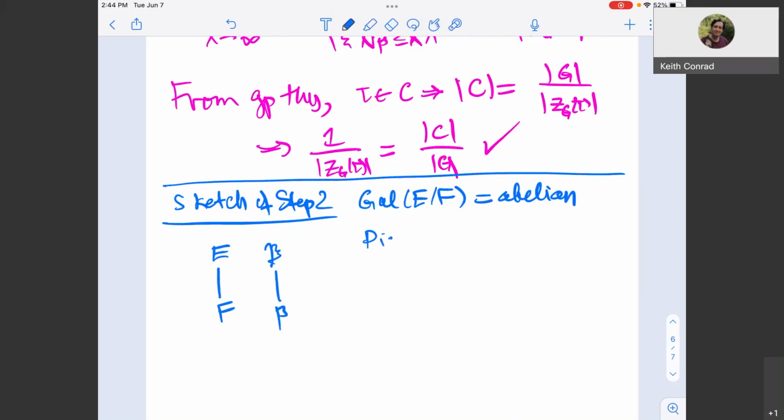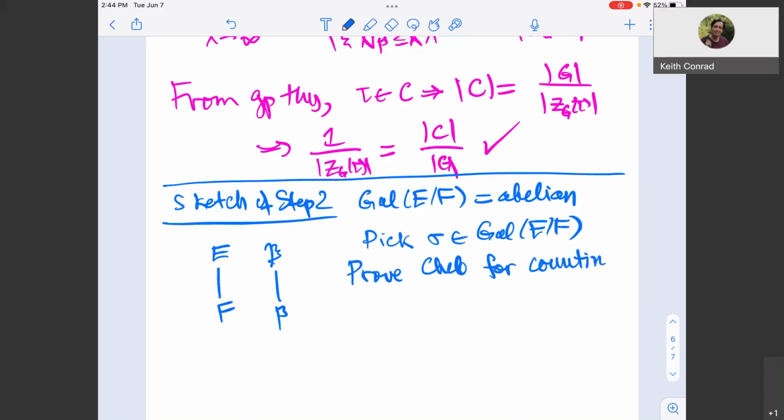So we pick an individual element in this group, and we want to prove the Chebotarev density theorem for counting the primes P where the Frobenius element is that thing. Conjugacy classes are individual elements since we're in an abelian Galois group.